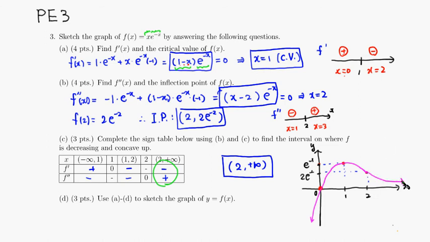Then you have a horizontal asymptote at y equals 0, the x-axis. So this is the graph of the original function f of x. That's it. I hope that this was clear.